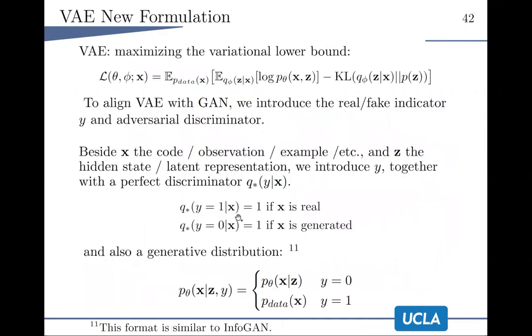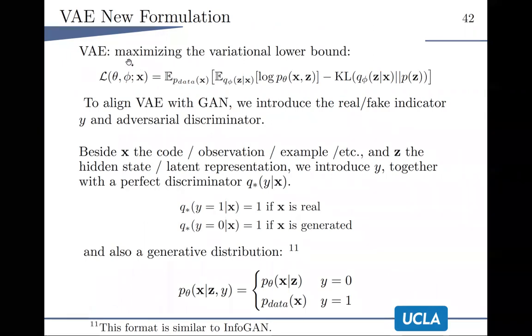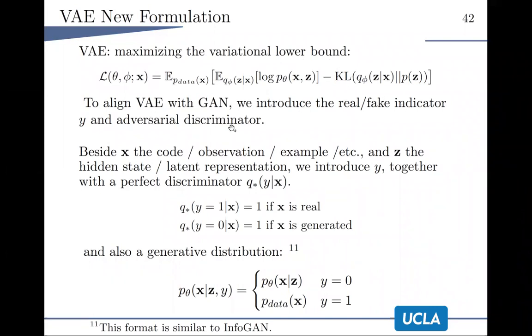And also we can write a VAE into a new formulation. For the VAE, we traditionally maximize the variational lower bound like this, and we also introduce the real fake indicator Y and an adversarial discriminator.